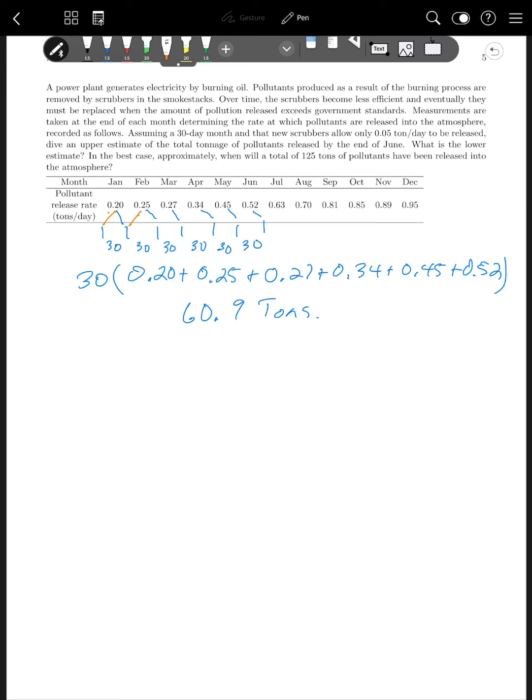And so we have a total amount of pollution of 60.9 tons. Okay, so that would be 60.9 tons.